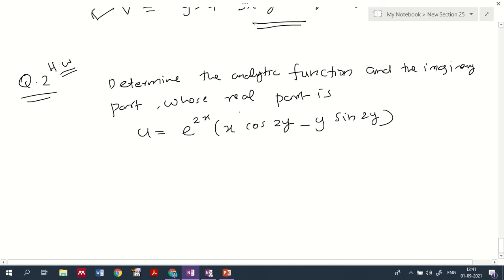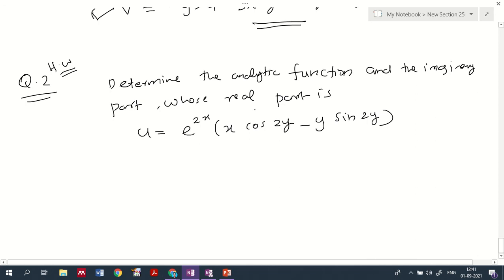Okay, so the real part is given, you have to find out the analytical function and the imaginary part, like we have done in the earlier cases. Okay, so that is one of the homework assigned for you for tomorrow. Before the session you have to submit that assignment.